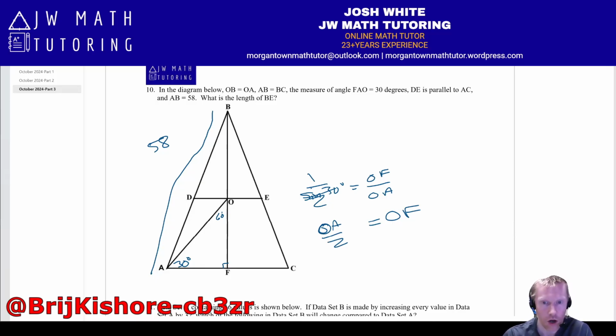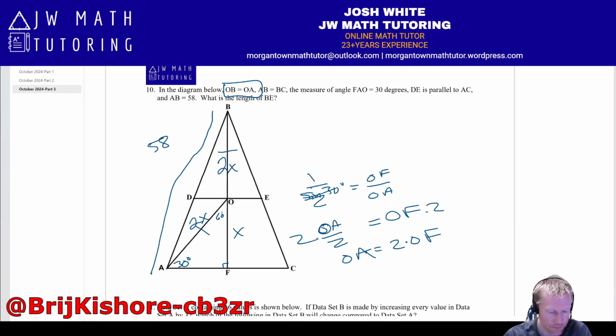Now, OA is also equal to OB, because that's given information right here. Or an alternate way you could rearrange this is to say OA is equal to 2 times OF, just multiply by 2 on both sides. So if this is X, then OA would be equal to 2X. Well, that's just 30, 60, 90 triangle properties, short leg to hypotenuse, which means this is also equal to 2X.